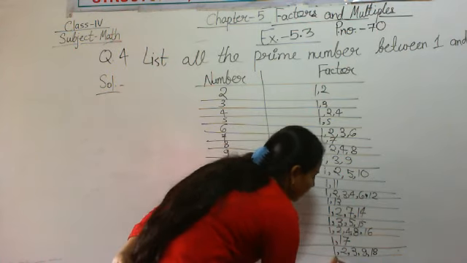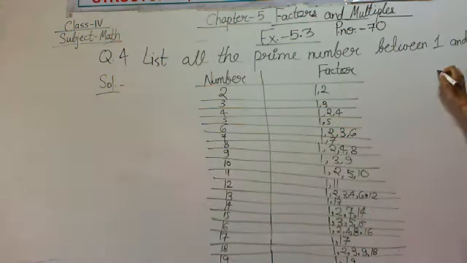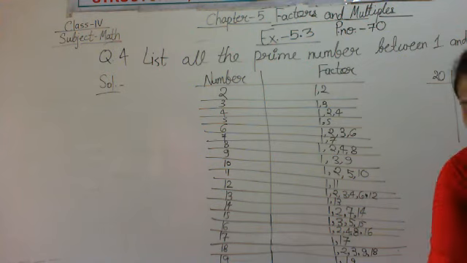So factors of 19 are 1 and 19. And here I am writing for the number 20. Factors are 1, 2, 4, 5, 10 and 20. All these are factors for number 20.